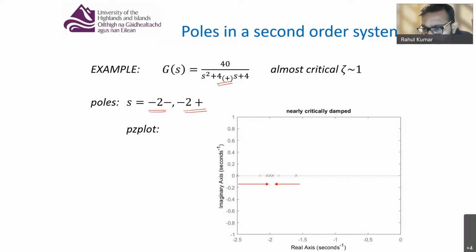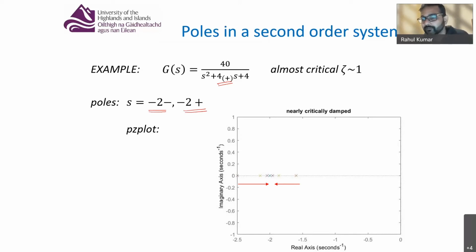Okay. So in the pole-zero plot, if I continue to reduce the value and bring it closer to the critically damped value, what I will see is the poles keep moving closer, and finally they will be at minus 2.